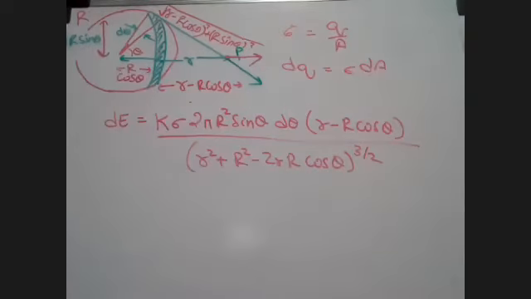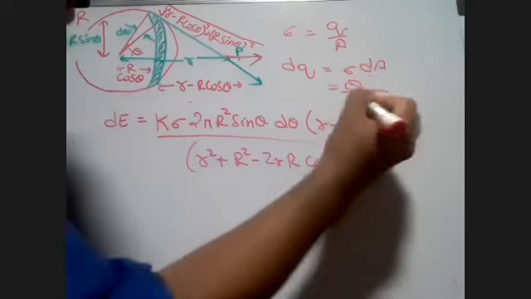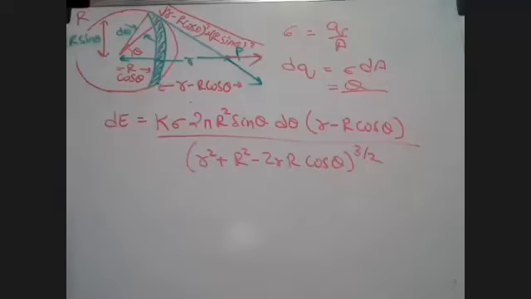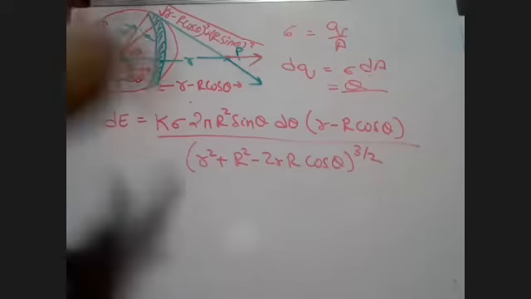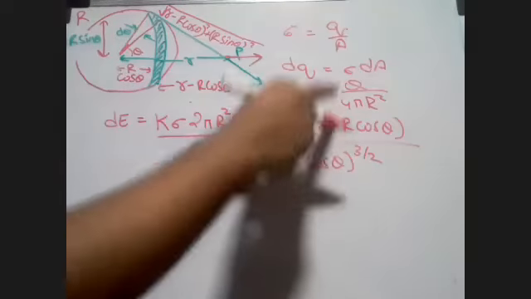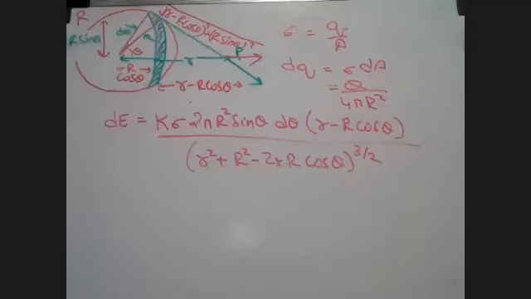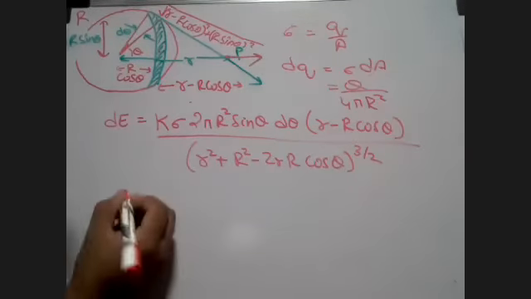But I can also write sigma as capital Q, the entire charge on the hollow sphere, upon the area of the entire sphere, 4 pi capital R square. So sigma can be written as Q upon 4 pi R square, and that will help me reduce the equation in a much better way.